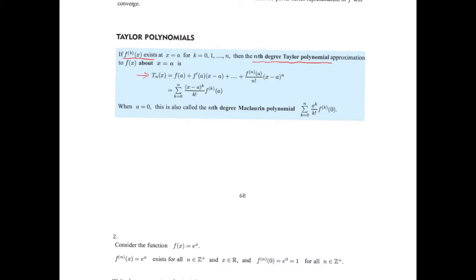This is important notation, this T_n(x). Notice we don't go to infinity anymore. The highest derivative and highest power now is n, and the bottom is n factorial. So that's the main difference here.